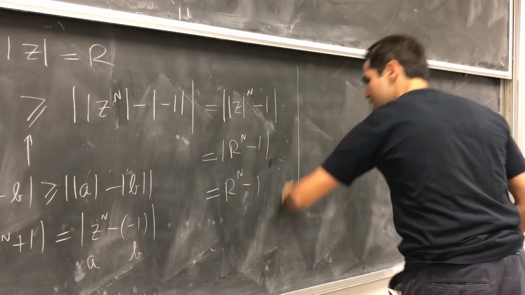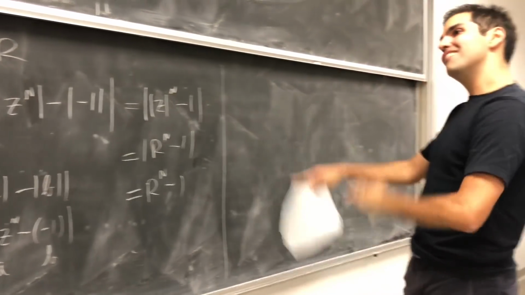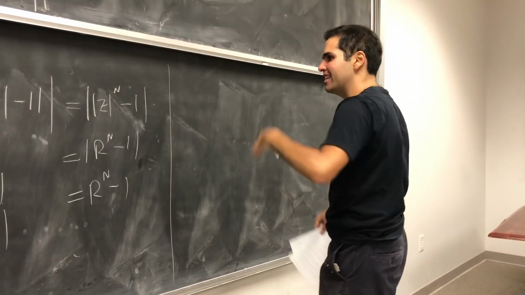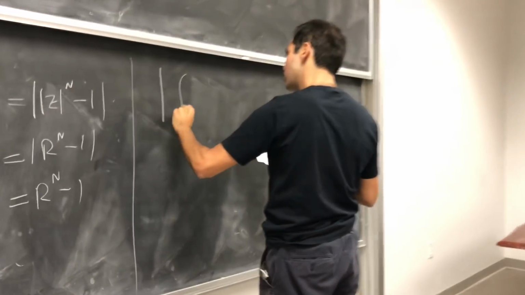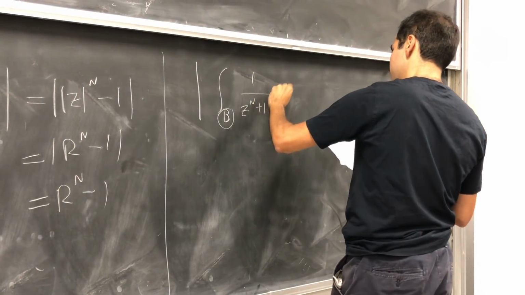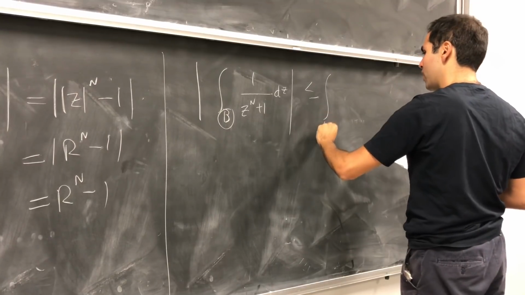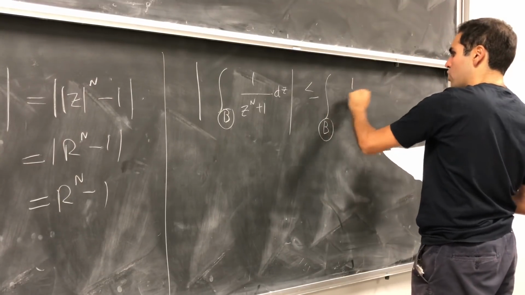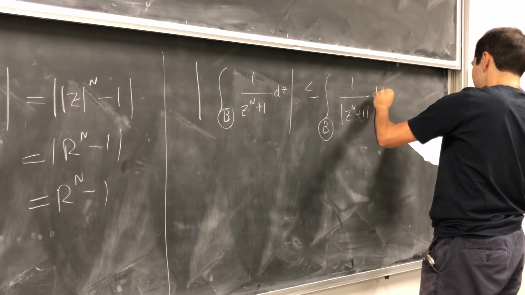which, if r becomes large enough, is r to the n minus 1. And again, you might say, hey, this is all wrong, but not quite, because now we want to take 1 over our integral. So, the integral over B of 1 over z to the n plus 1 dz. Then, by the regular triangle inequality, it is at most the integral of 1 over the absolute value of z to the n plus 1 dz.